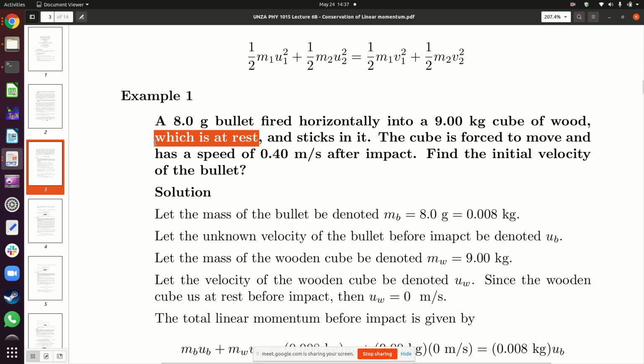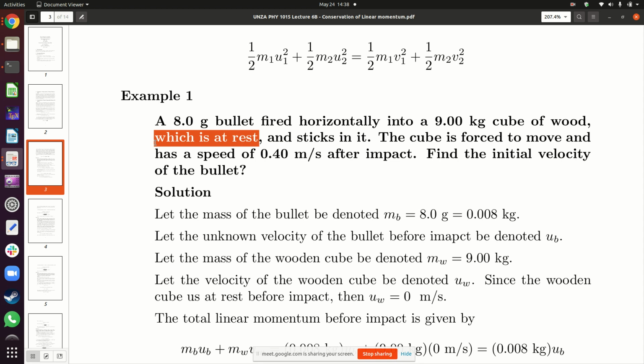The velocity of the cube was 0 meters per second since it was at rest. So we know the mass of the cube and the mass of the bullet. The bullet was moving with a velocity which is not 0, while the cube had a velocity equal to 0.